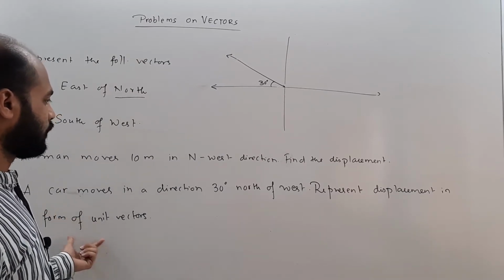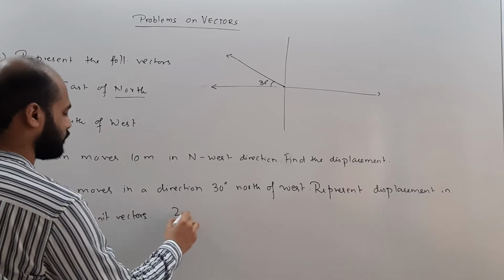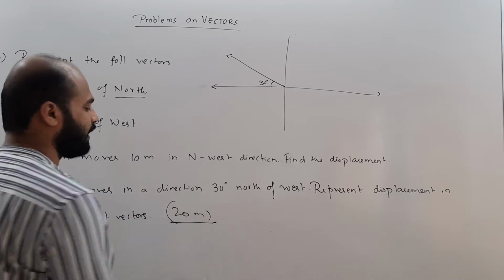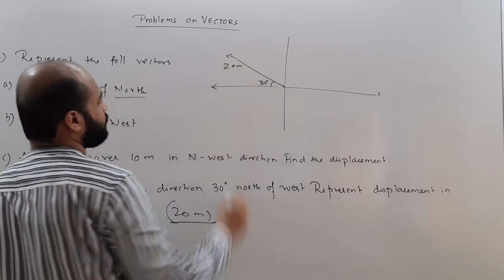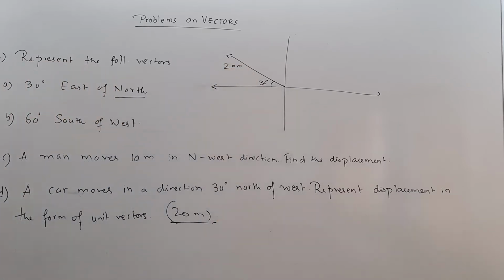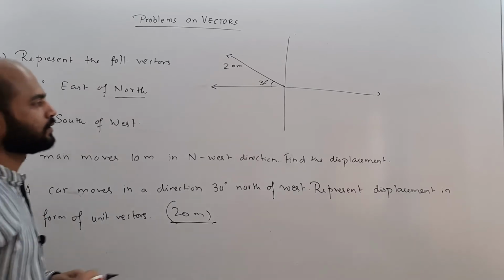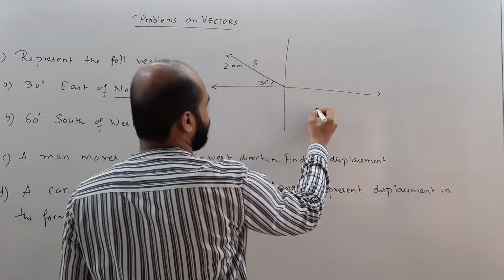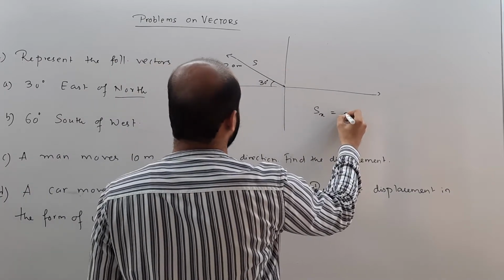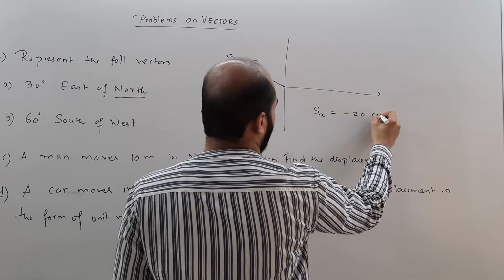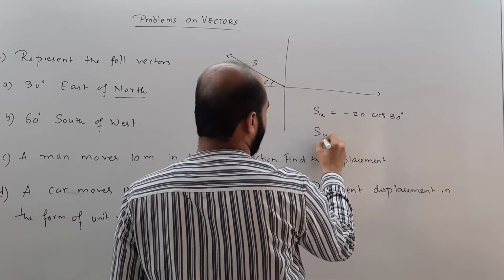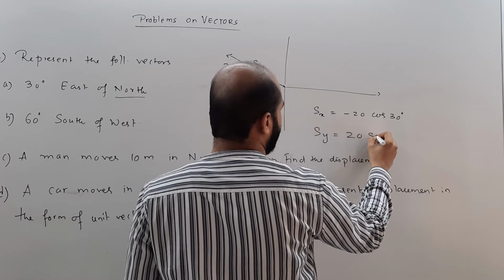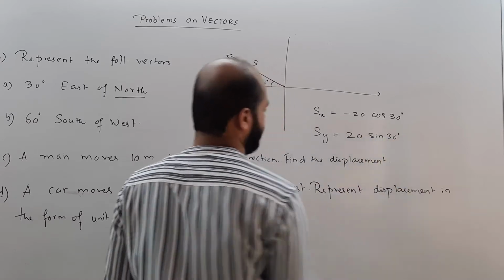and this is given as, actually the displacement is 20 meters. Let's say it is 20 meters in this direction. So it is 20 meters in this direction, and what we have to find is the resultant displacement in the form of unit vectors. So again it's going to be the same case. The x component of this displacement Sx is going to be minus 20 cos 30 and Sy is going to be 20 sin 30 degrees.